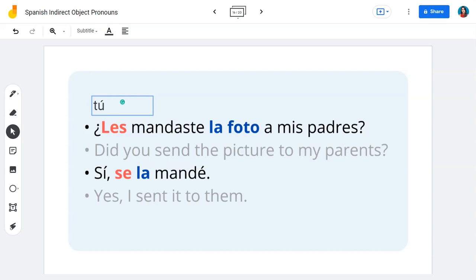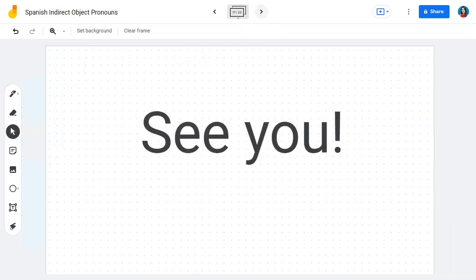Now les becomes se, which means them, so this just transforms into se because it is used with the direct object la. See, se la mandé, yes. To them, it I sent. Yeah, imagine Yoda when you are speaking Spanish.